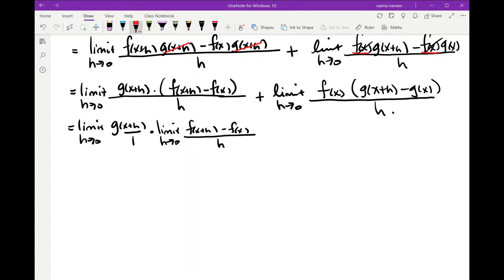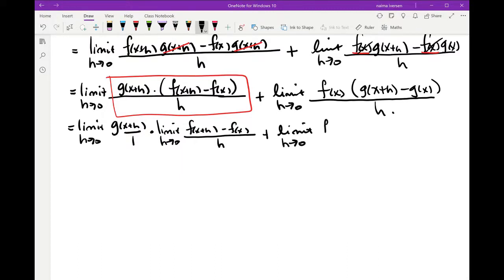I've got the g of x over 1, and then the limit as h approaches 0 of f of x plus h minus f of x over h. And again, we're getting that exact same thing as we started off with right here. I'm going to do the same thing for the next one. I'm going to split the thing out, and I'm going to get the limit as h goes to 0 of f of x over 1 times the limit as h goes to 0 of g of x plus h minus g of x over h.